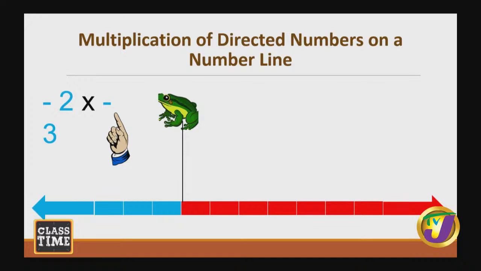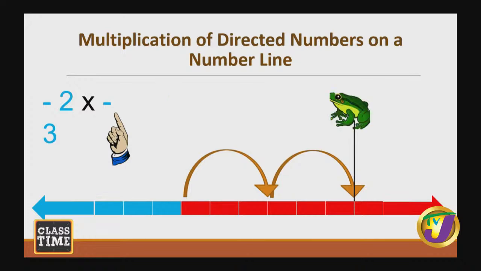Remember, guys, our directed numbers give us both size and direction. All right? So, our first jump takes us to 3, because remember, he's jumping backward, so he's jumping now to the right when he jumps backward, but he's facing left. And when he jumps again, it takes us to... Did any of you guys expect that? It took us to positive 6.